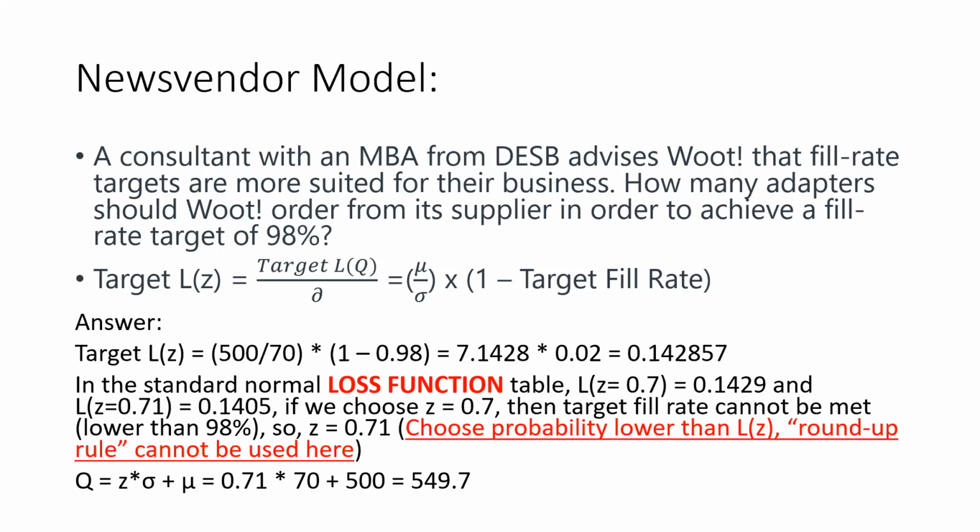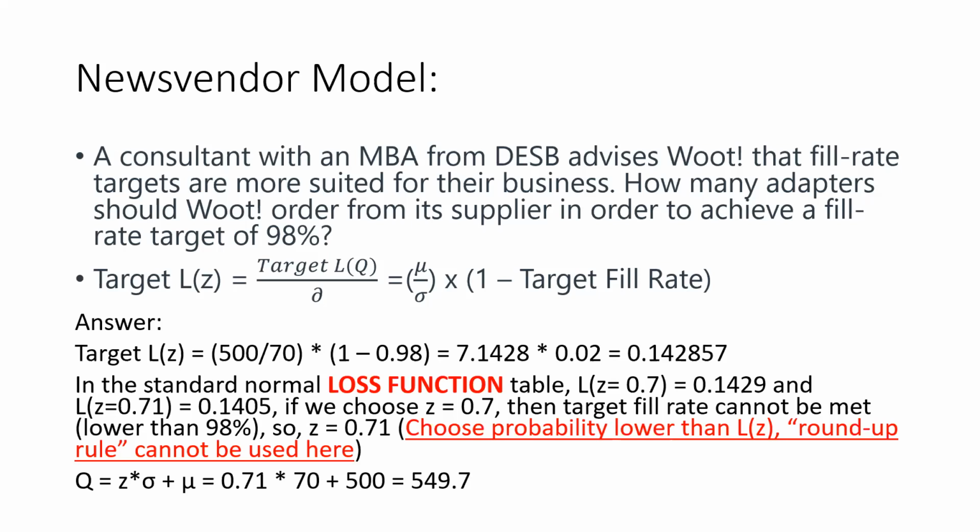Here you need to pay extra attention, because we do not use the roundup rule here to achieve that target fail rate. Your probability cannot exceed that L of Z, 0.1429.